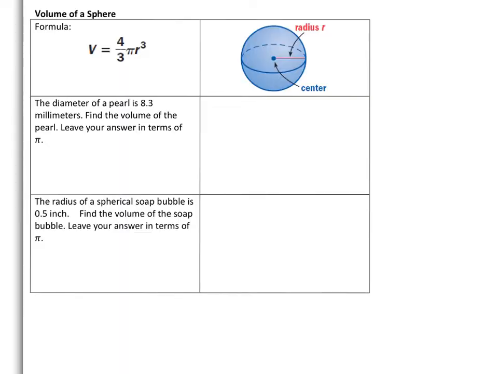Okay, the last formula I would like to talk to you about is the volume of a sphere, which is just equal to volume equals 4/3 pi r cubed. Okay, a sphere, as you can see, is just a roundish 3D object with no edges. It's all curved.